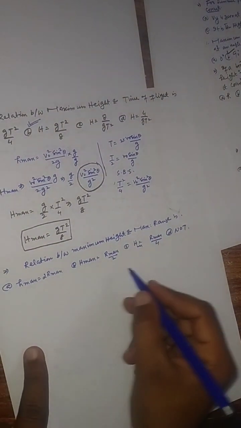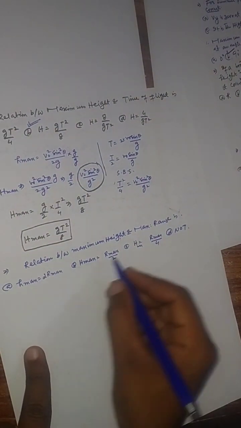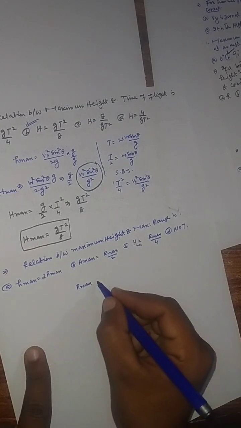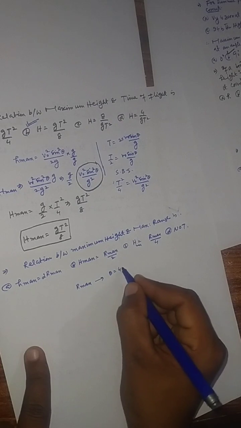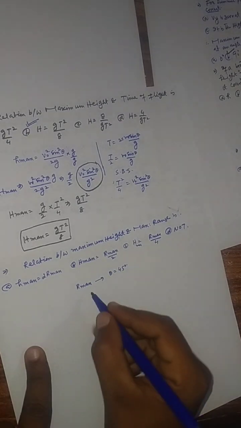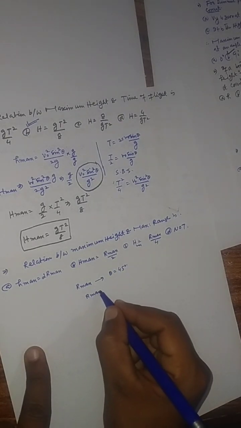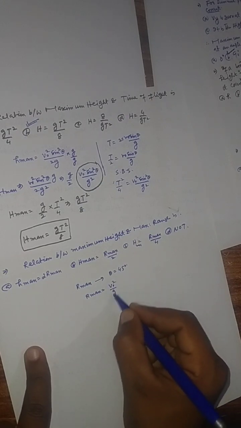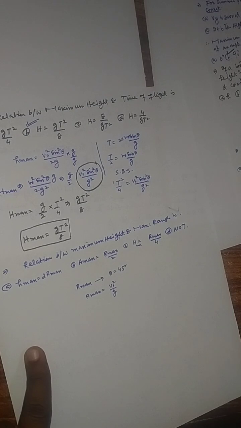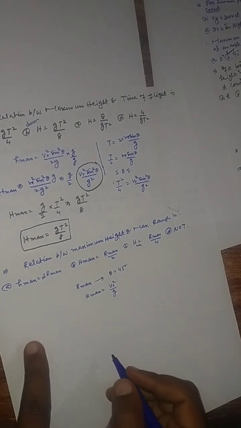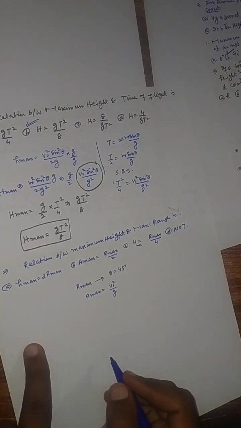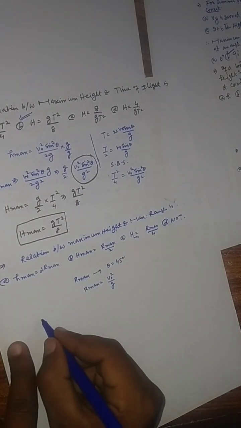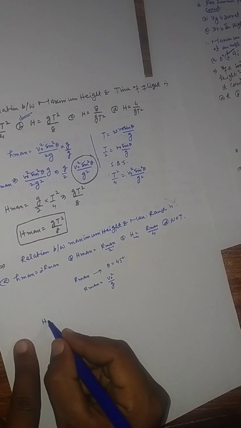For this, as we know, maximum range is attained at an angle of 45 degree, and it equals v naught squared over g. This is the formula for the maximum range. Then what will be the height?